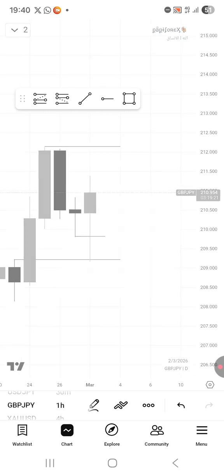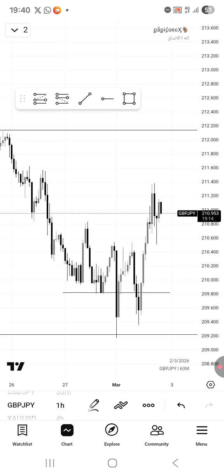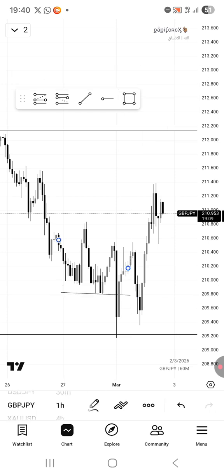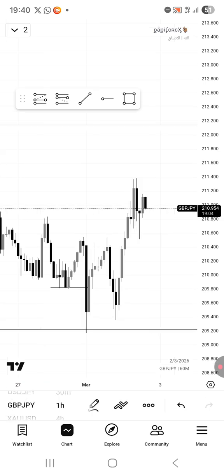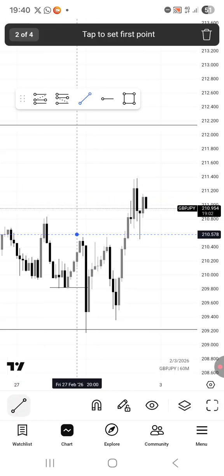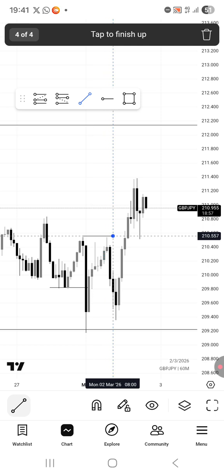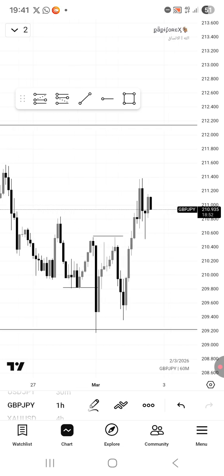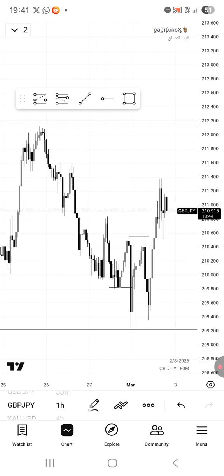Going to my lower time frame, we can see this is where price swept, giving the sweep of liquidity around this area. What happened here is that price gave a market structure shift, and this market structure shift is a very valid one because it came with displacement, which shows that yes, buyers are in.